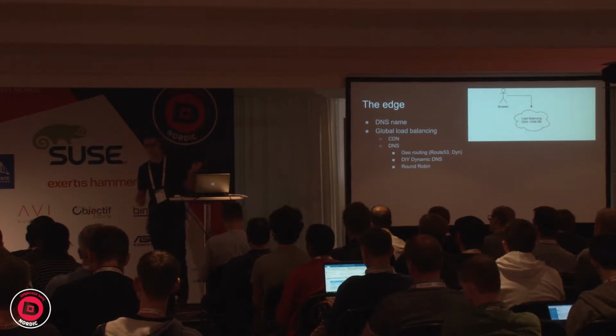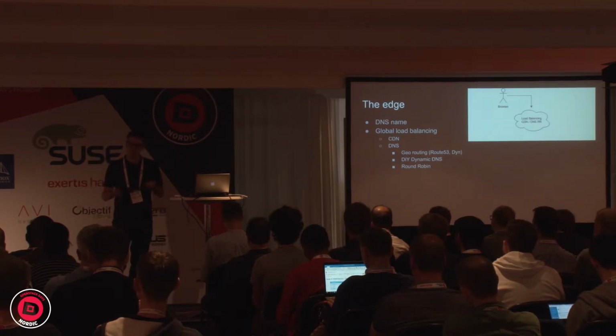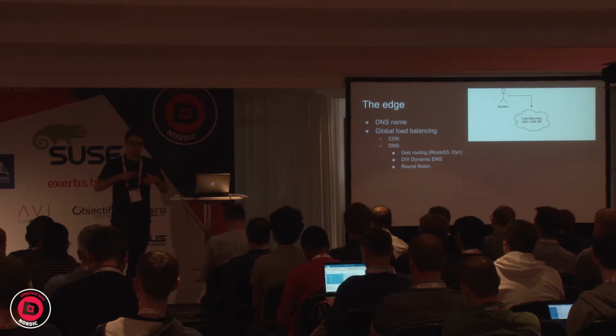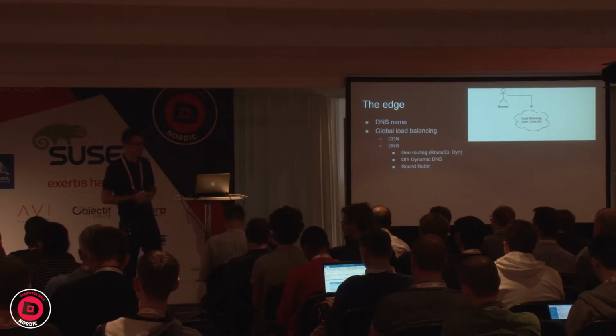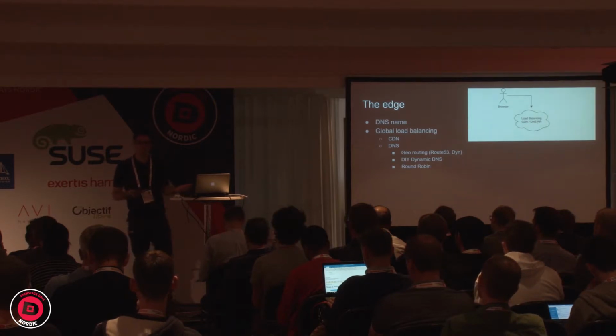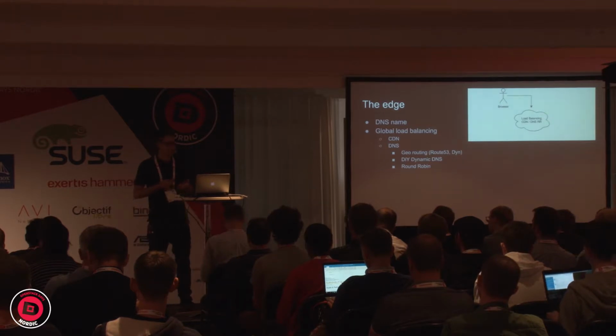You have some providers like Route 53, which is part of AWS, and you have DNS that allows geo-routing technology, which basically tells the client to go to the closest server they have at the DNS level. You could do some DIY dynamic DNS configuration, or you could do things as simple as DNS round robin. Different options. Choose what fits you most.